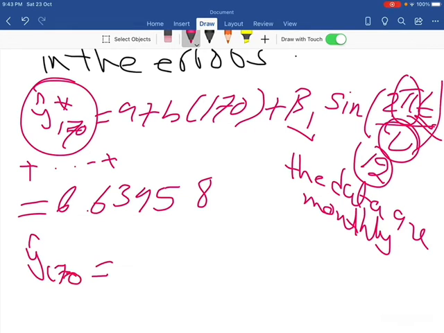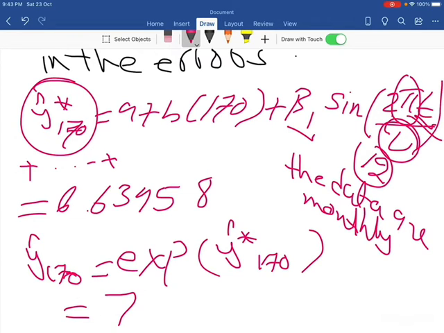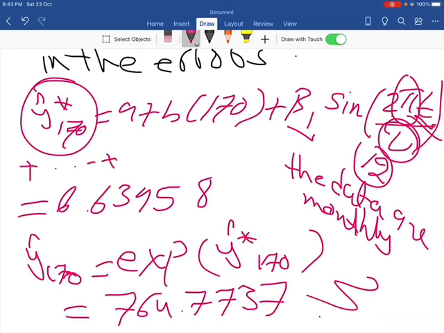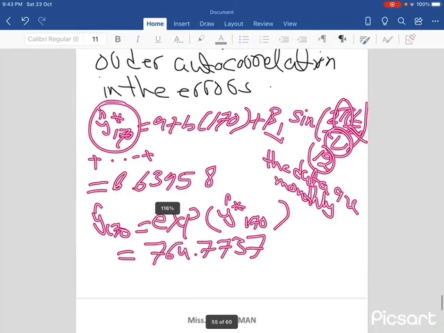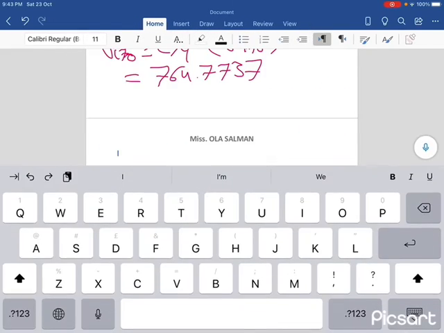It's the same. We will write the exponential of y hat star 170, and the answer will be 764.7737. Yes, this would be the answer.